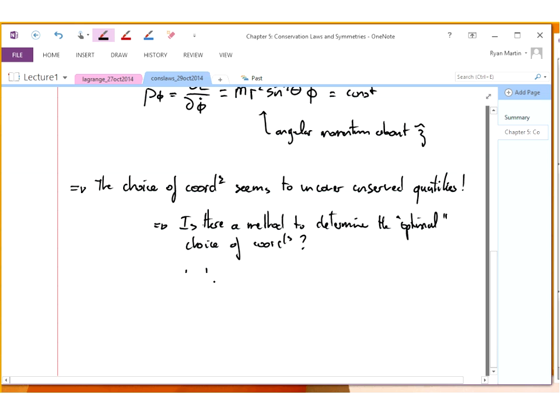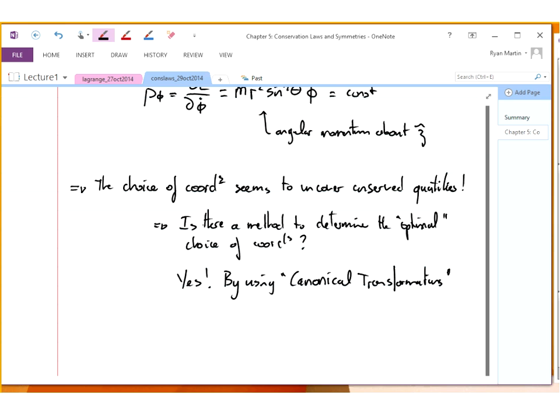And the answer is yes. That is done by using what we call canonical transformations, and we'll see those 2 chapters from now.